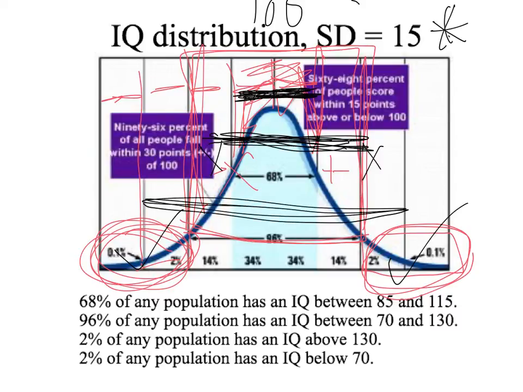Folks who are out here, this would be 145, and this would be 55 over here on this particular scale. And what did I say? That'd be 145? So it would be 160 way out there. So that's how it all works.